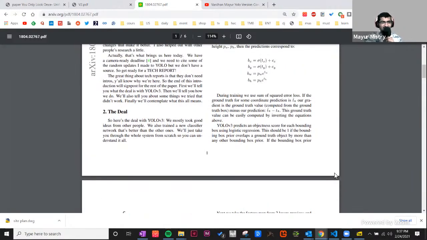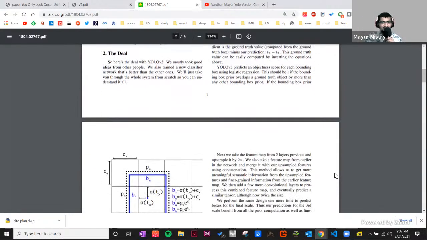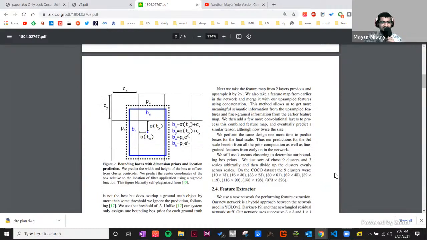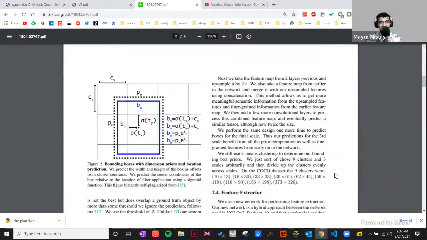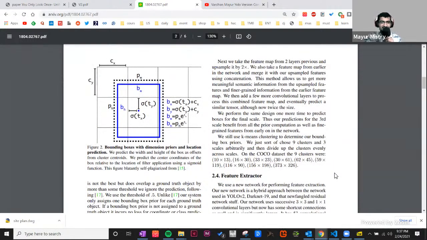Once you make the network deeper, all the convolutional layers in the whole network will be able to abstract features at different scales depending on how you resize it. So the problem of identifying small objects can be resolved by making the whole network deeper.